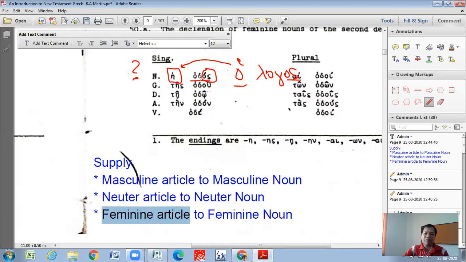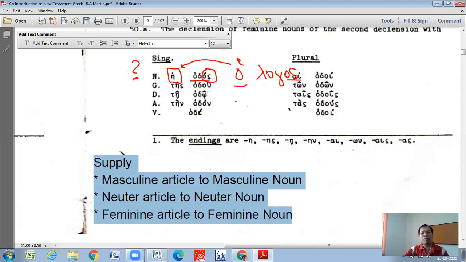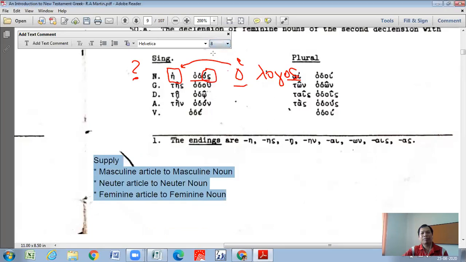Since the noun is a feminine noun, they use the feminine article. Simple. Is it clear? Yes, sir. Do you want one more time? Kavya, everything clear? Yes, sir. Thank you. Then I can go ahead, right?